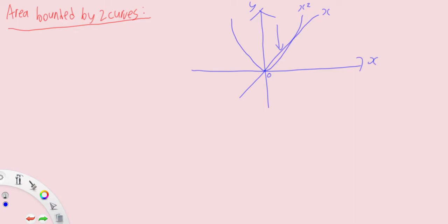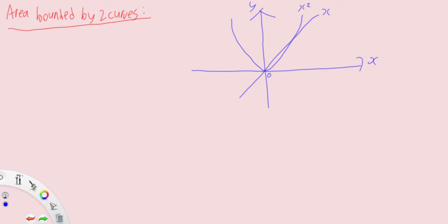So how do we compute this area? First, let's think about this. What is the area that is possible? Use the skills that you have learned. Let's make it simple. Let's consider the very basic one, the area between the curve and the x-axis. Let's consider the graph y equals x first.